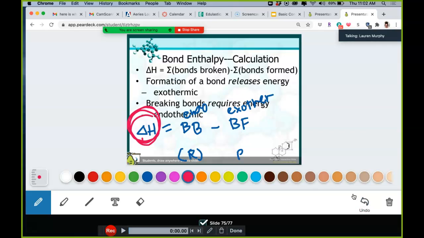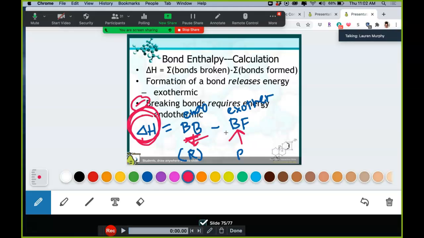However, if it doesn't take a lot of energy to break bonds and you get a ton of energy out from the formation of new bonds, the overall process would be exothermic. So again, breaking bonds is endothermic. Forming bonds is exothermic. Whether the overall process is exo or endothermic depends on these numbers.